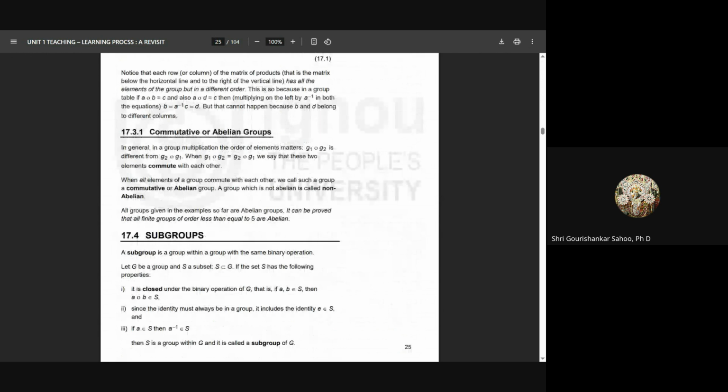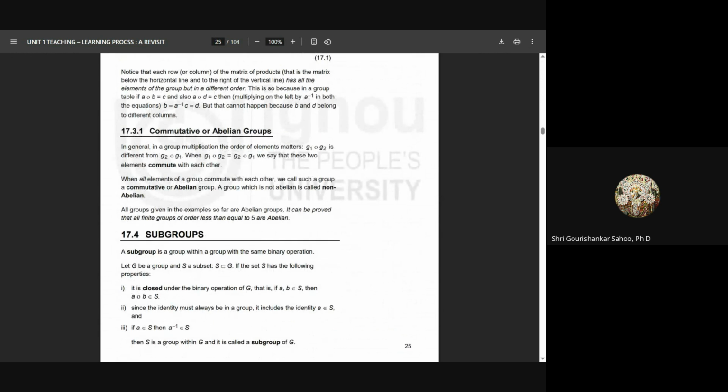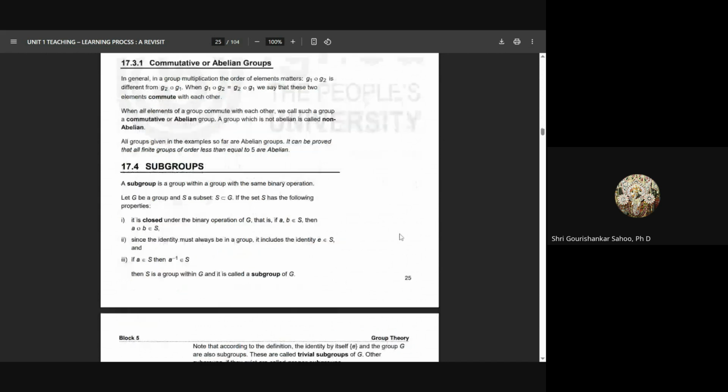Then in group multiplication, order of two elements also matters, and where two elements of the group commute with each other, then it is a commutative or abelian group, and there are also non-abelian groups.